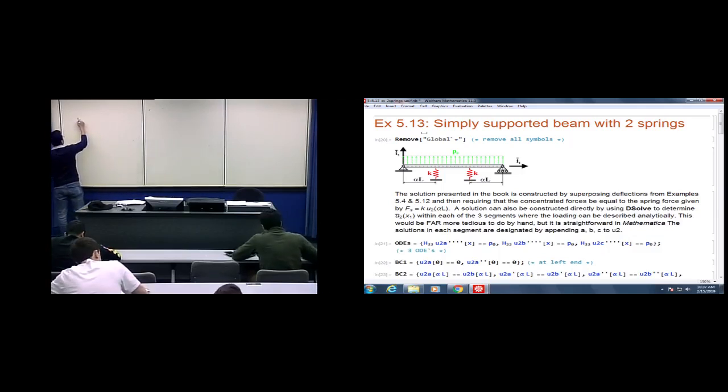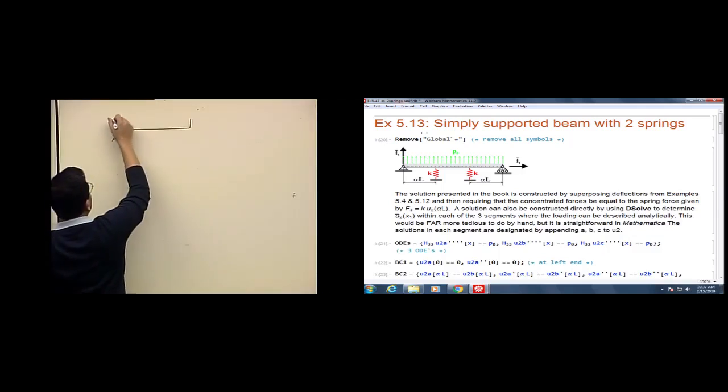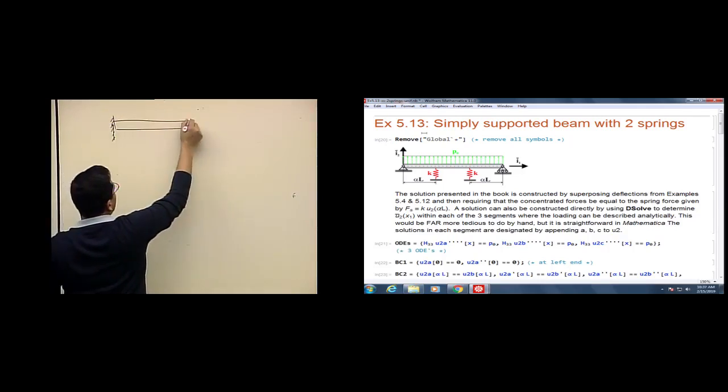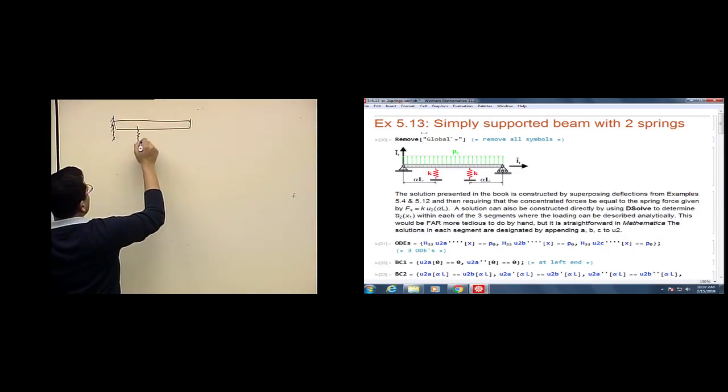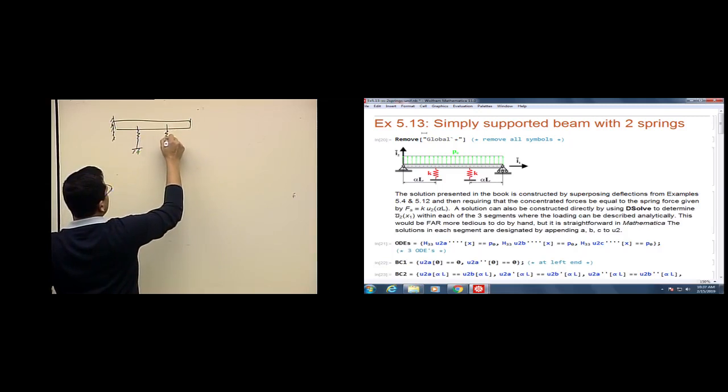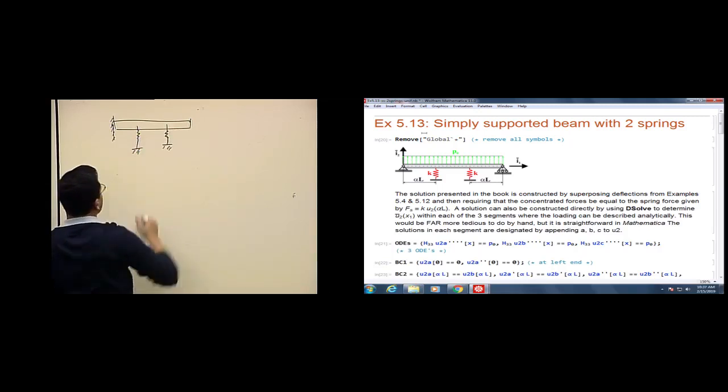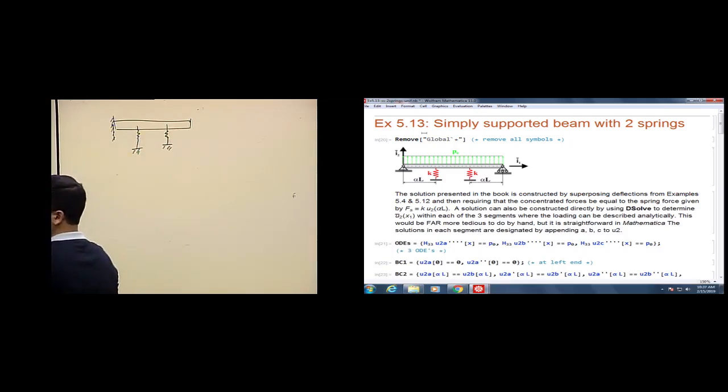So now I have a problem with two springs and a distributed load.